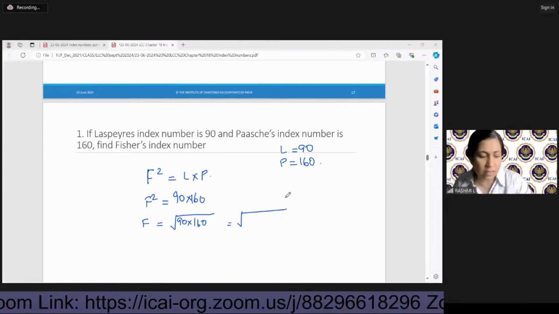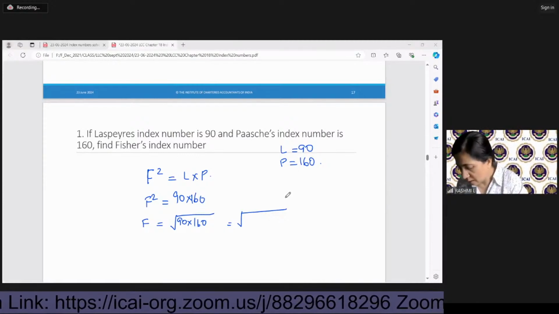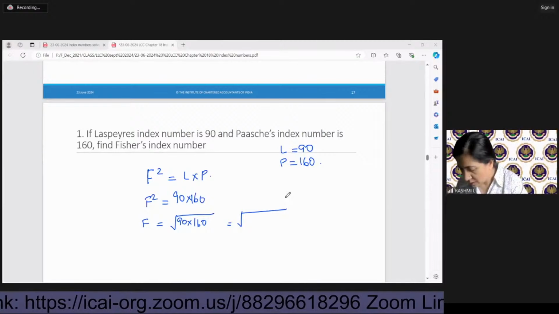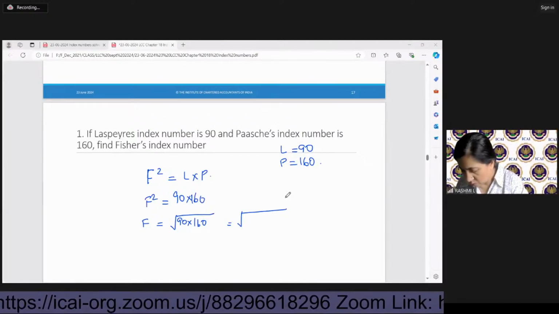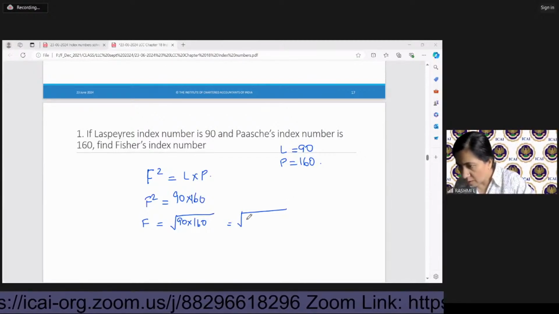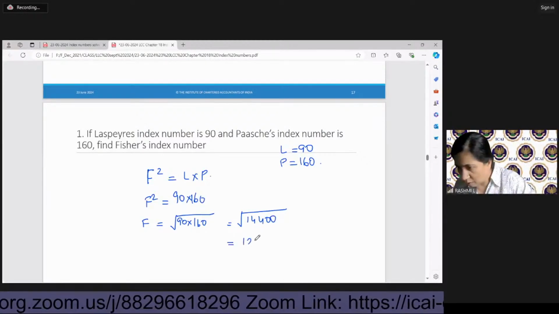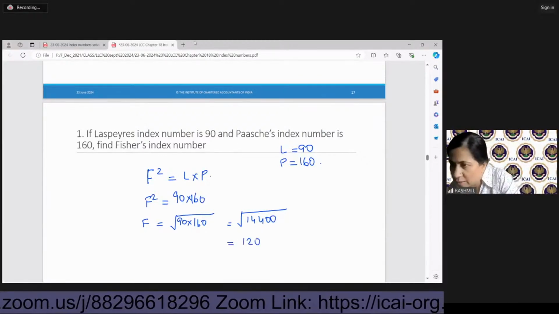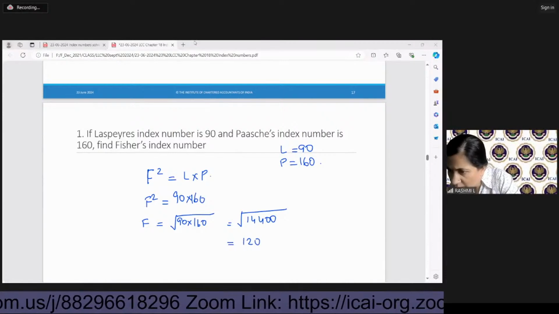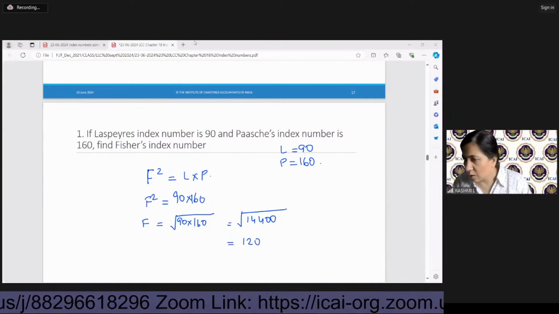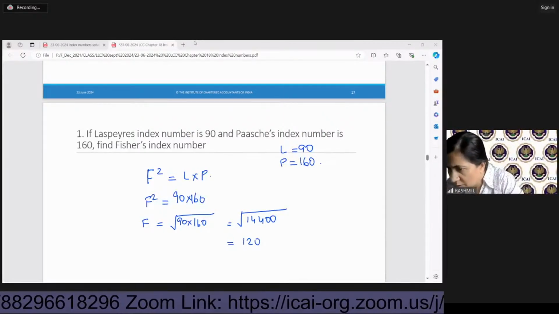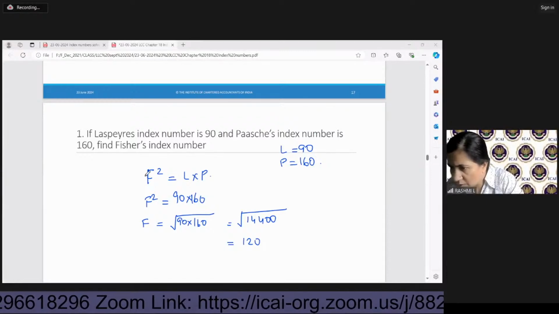Let us see. I think you are right, Vishwa. 90 into 160 is 14400. If I take the square root, 120. Excellent. Ishika and Anushka have also got it.